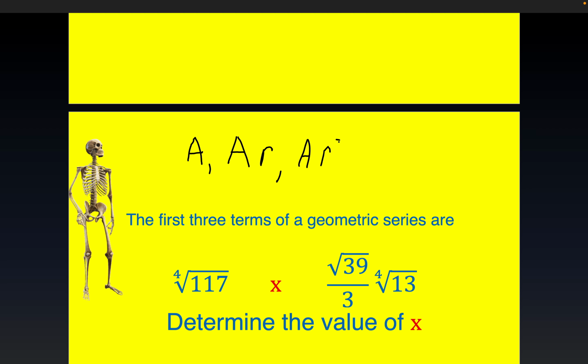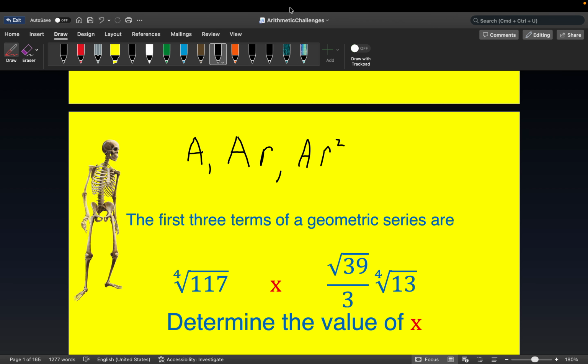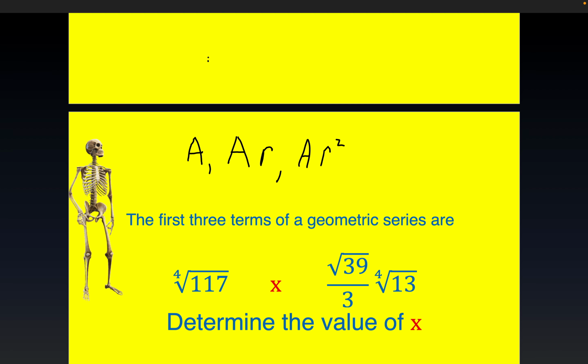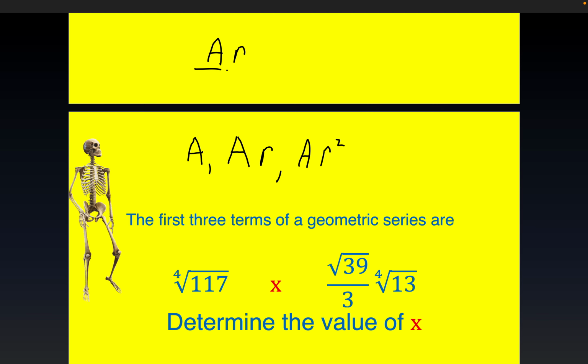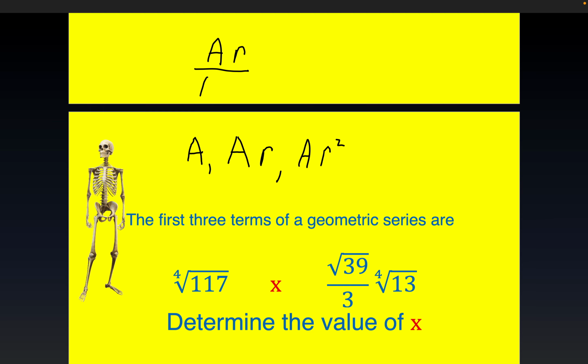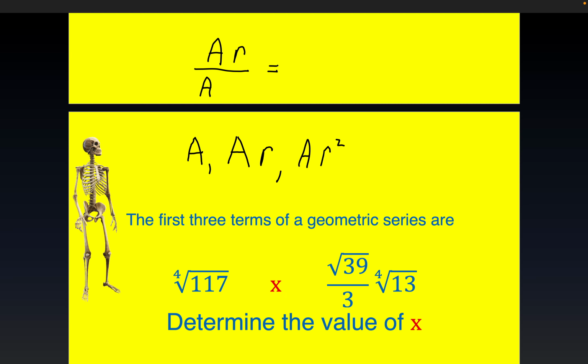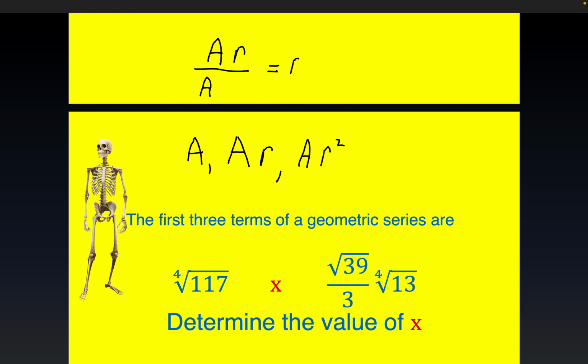Now notice that this thing called r is the common ratio, because if we take ar and divide it by a, we get r. But that's the very same thing as if we take the third term and take its quotient with its predecessor.